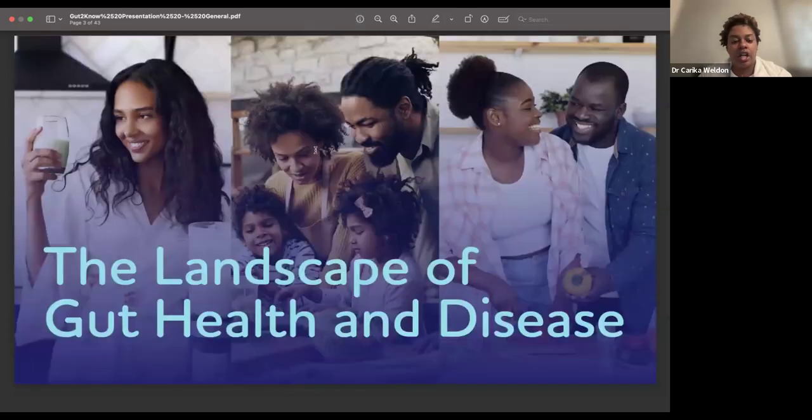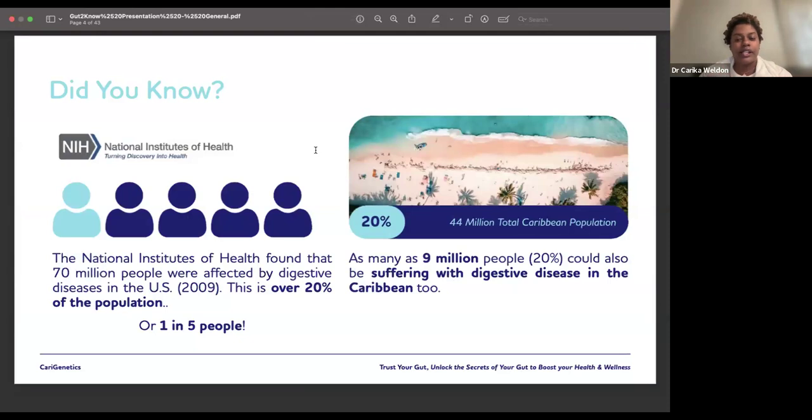Okay, I'd like to touch briefly on the landscape of gut health and disease, but from a slightly different perspective, a macro level. Did you know that in the US, which we use as a benchmark, the NIH found that 70 million people were affected by digestive diseases in 2009?